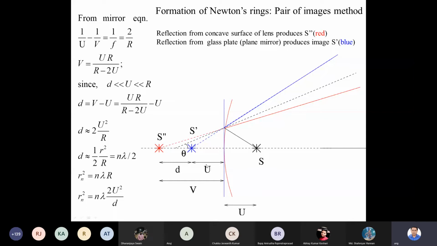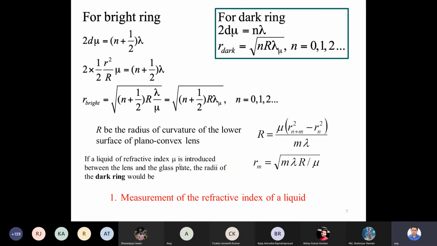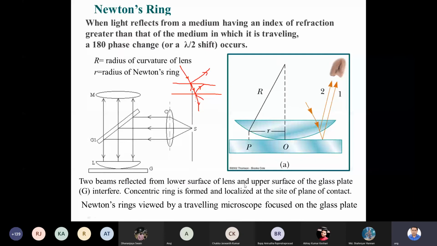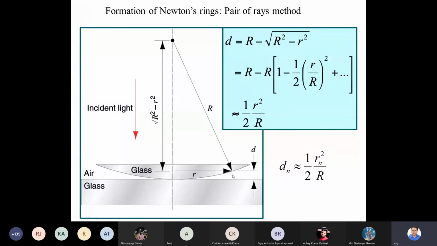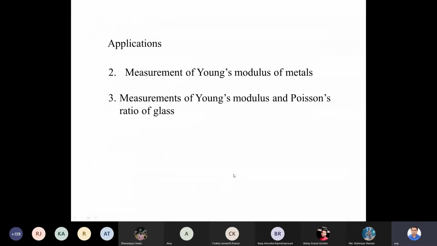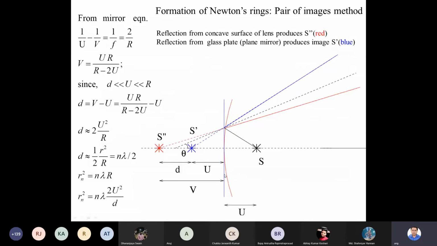This is u, and the image from the red, the curved surface, is giving you S double prime. This we write as v. The distance between these two we are taking as small d. So basically d is variable here.